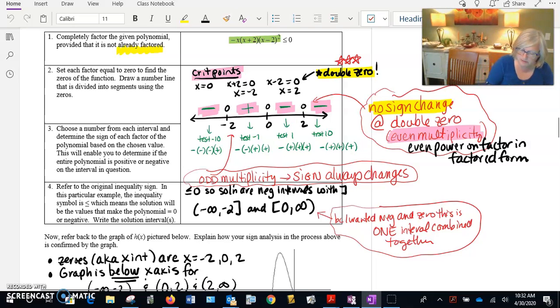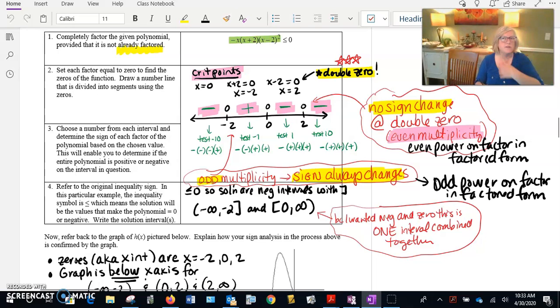The other thing I'll highlight is that the sign always changes when you have odd multiplicity. Odd multiplicity simply means the power on the factor in factored form is odd.